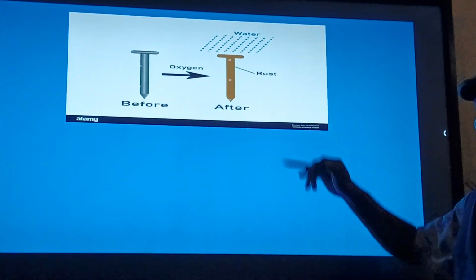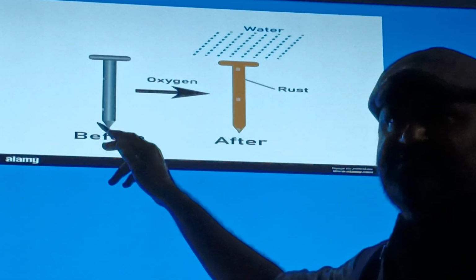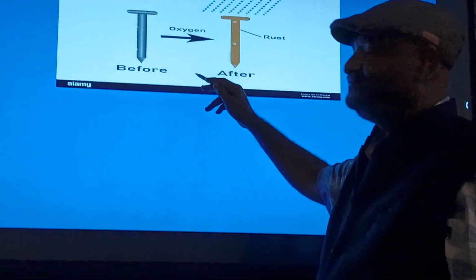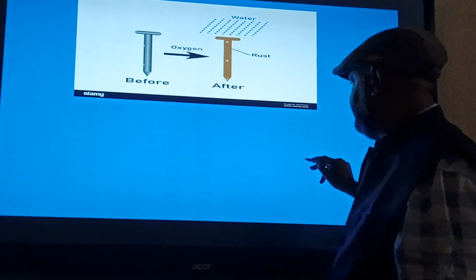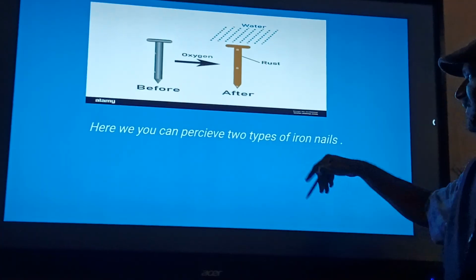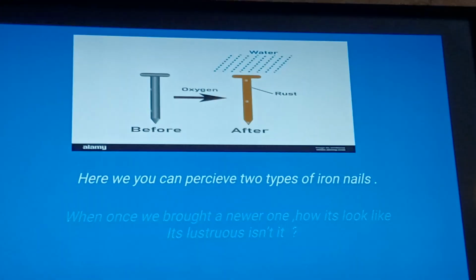Again, the same slide came. This is the thing when you purchase it. After some time, when it is exposed to air or atmosphere, it turns like this. Here you can observe two types of iron knives.